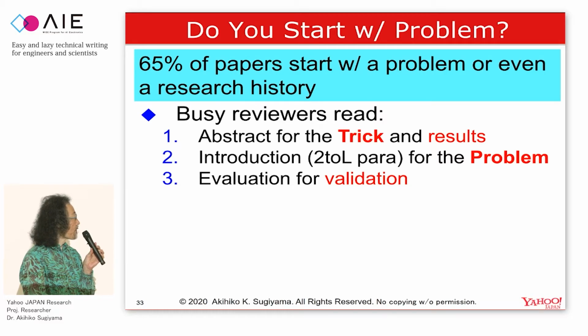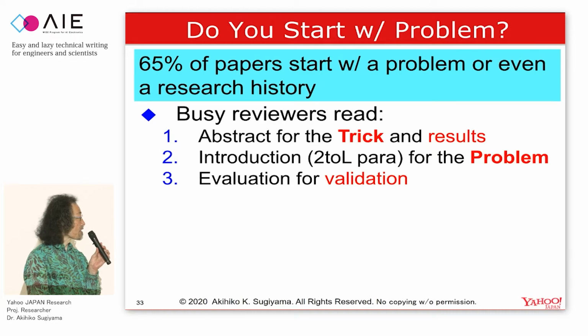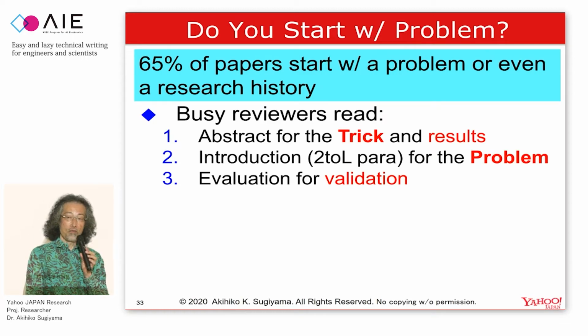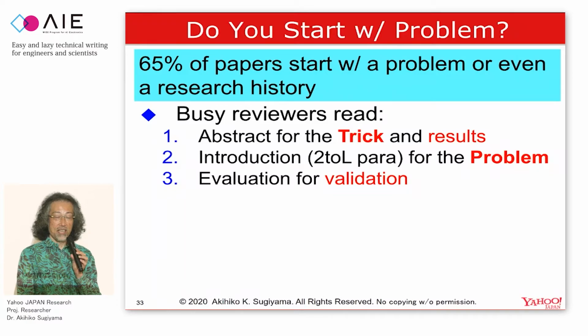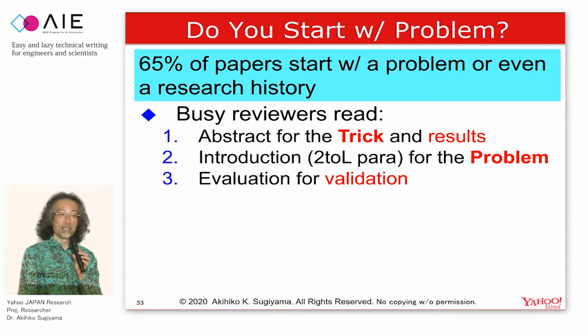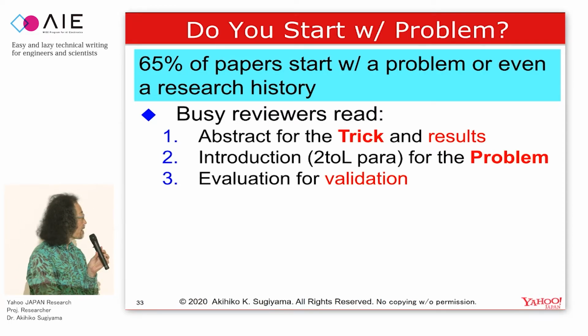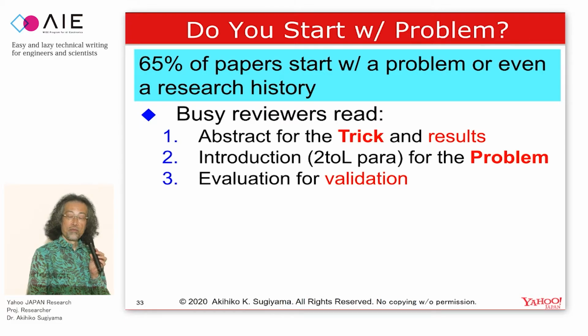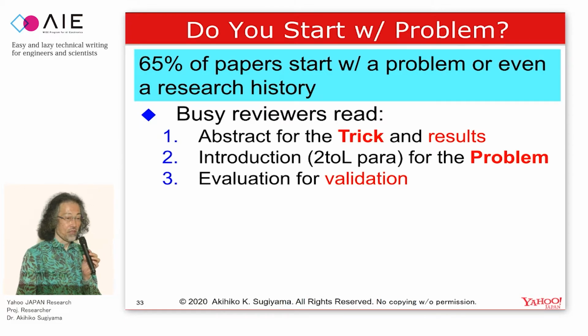And then they will go to the introduction, basically the second to last paragraph, for confirming the problem which has been solved. And they will go to the evaluation section for validation, to see how good it is, to validate the new method or a new system.